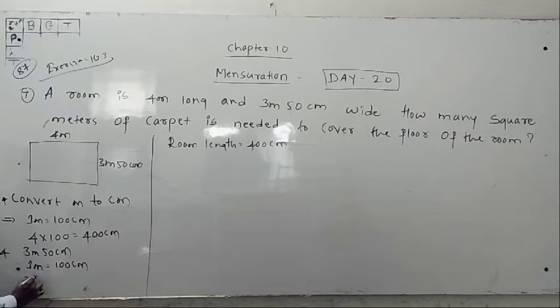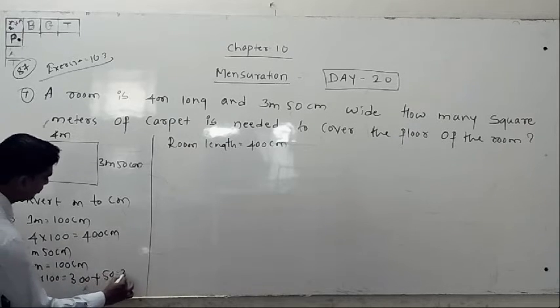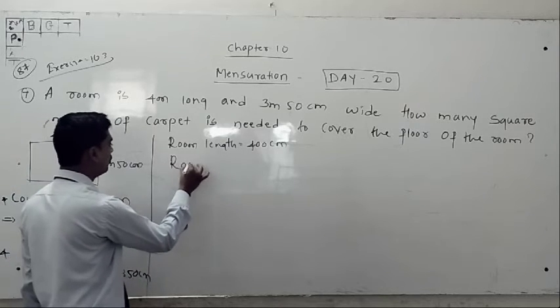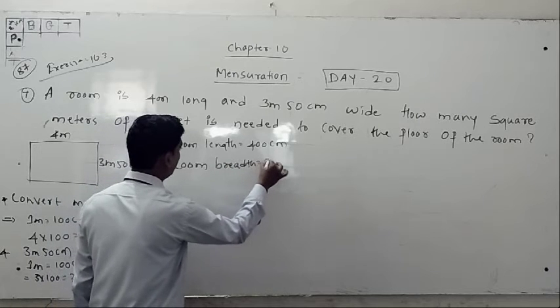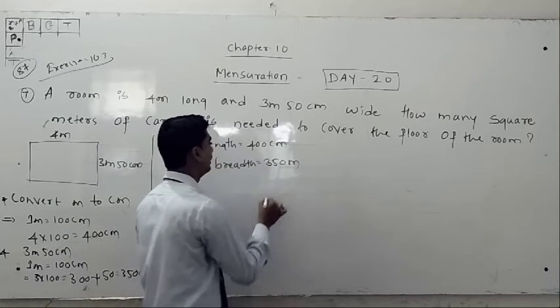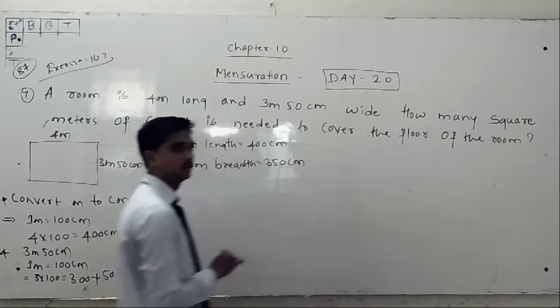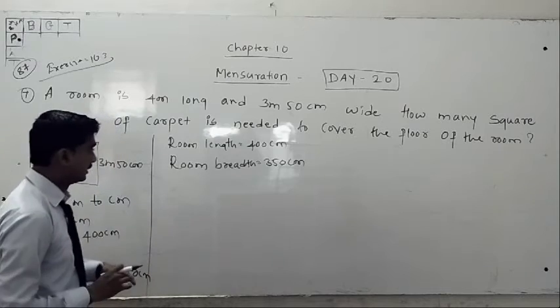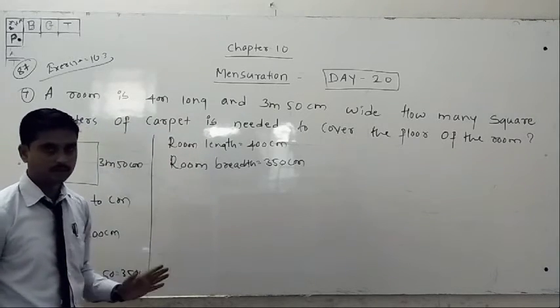Then 3 into 100, 300 plus 50 is equal to 350 centimeter. Then room breadth is equal to 350, not meter, in centimeter.